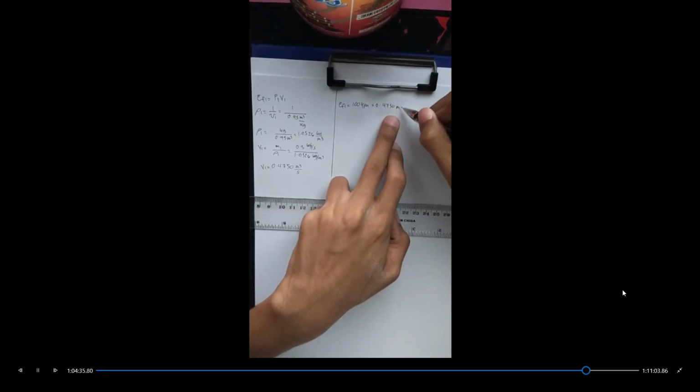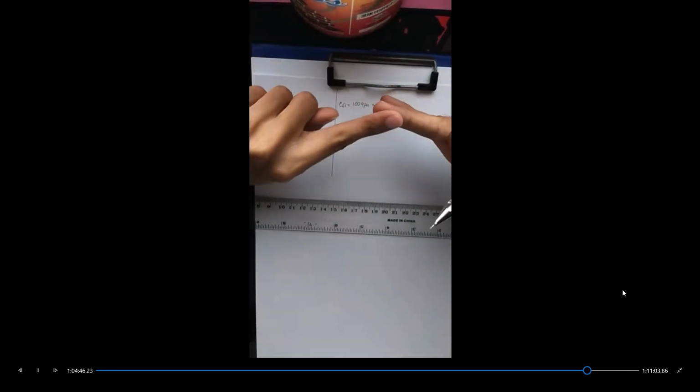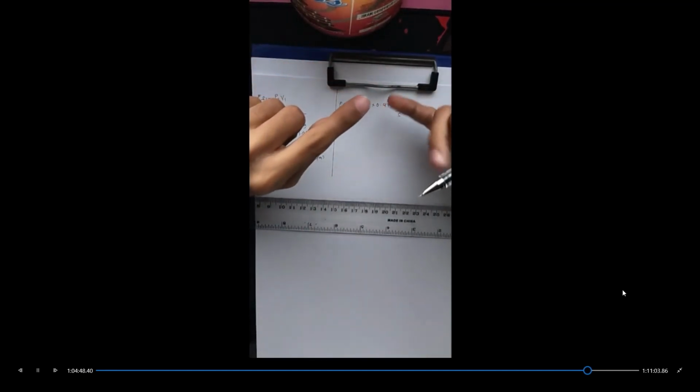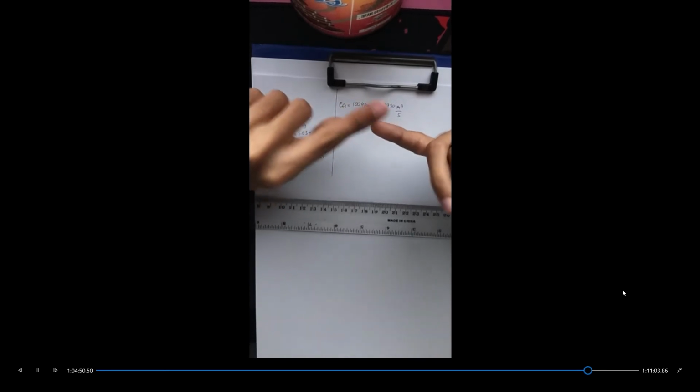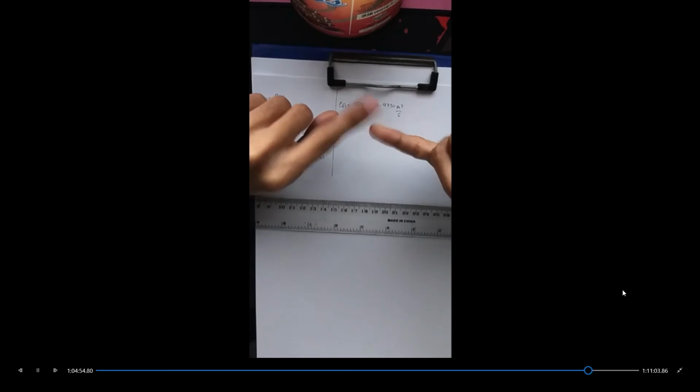Kilopascal is the result of the units Newton per meter squared, since Pascal is Newton per meter squared. That means kilopascal is kilonewton per meter squared.